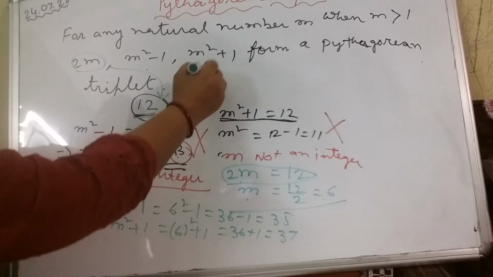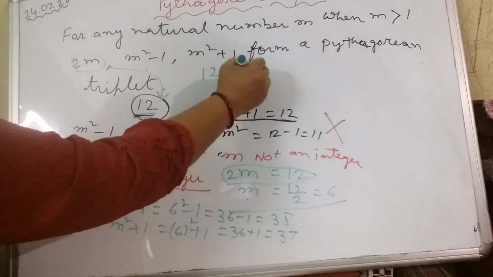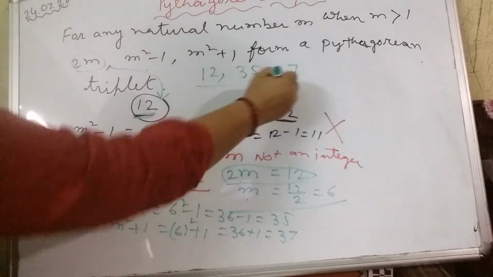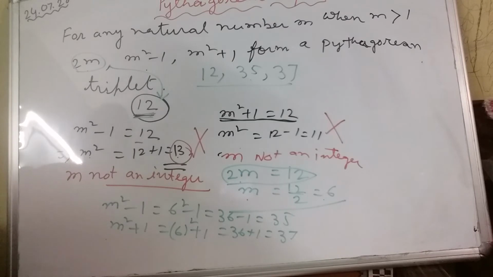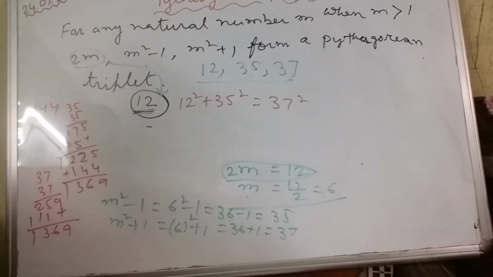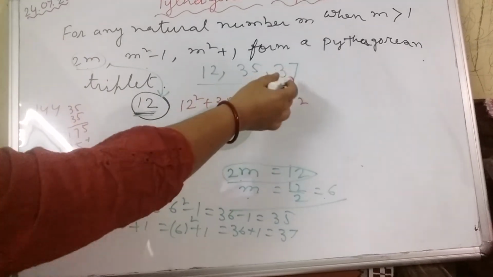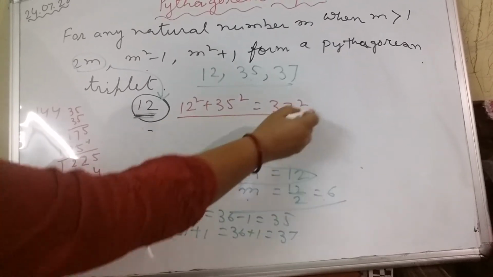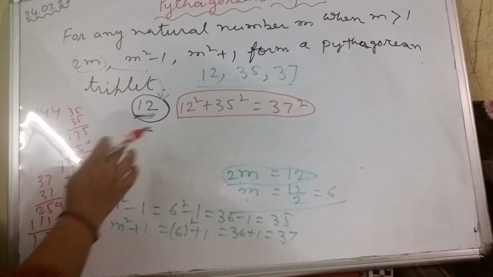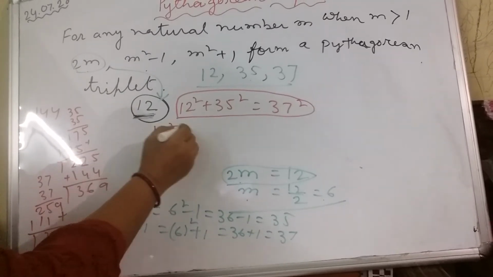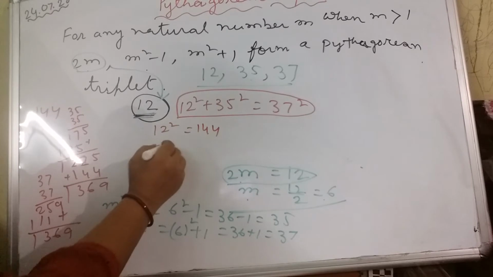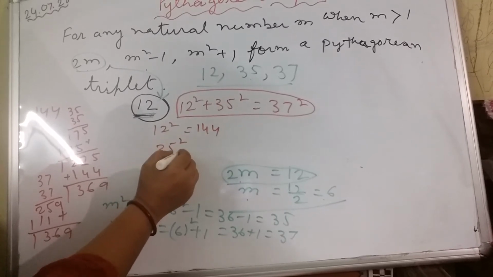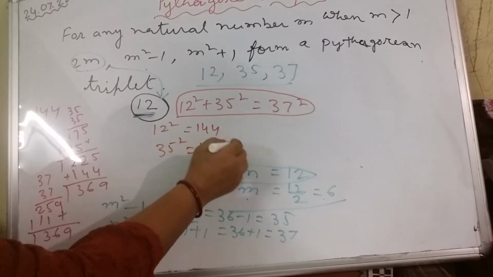So what is the triplet? 12, 35 and 37. Let's check whether we are correct or not. 12, 35 and 37 will be a Pythagorean triplet if they satisfy this. Okay, so let's find out. 12 square is 144 and 35 square is 1225.